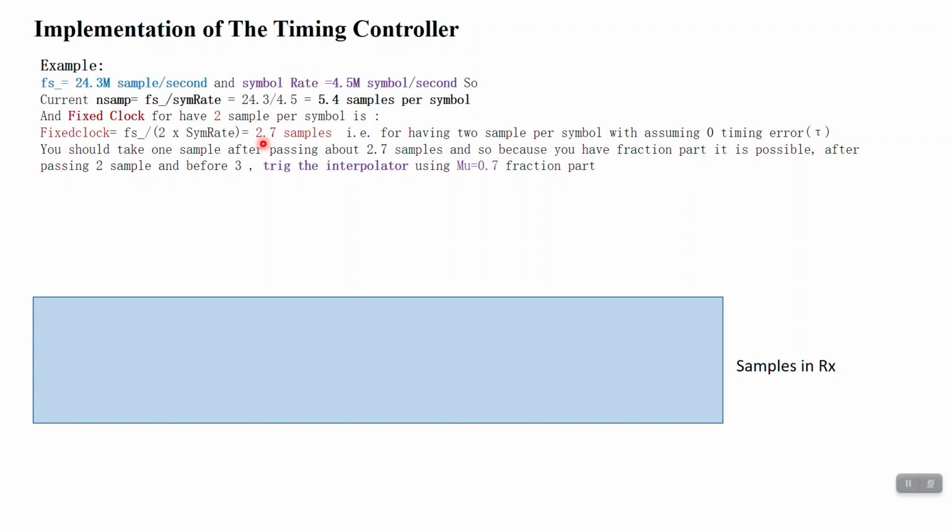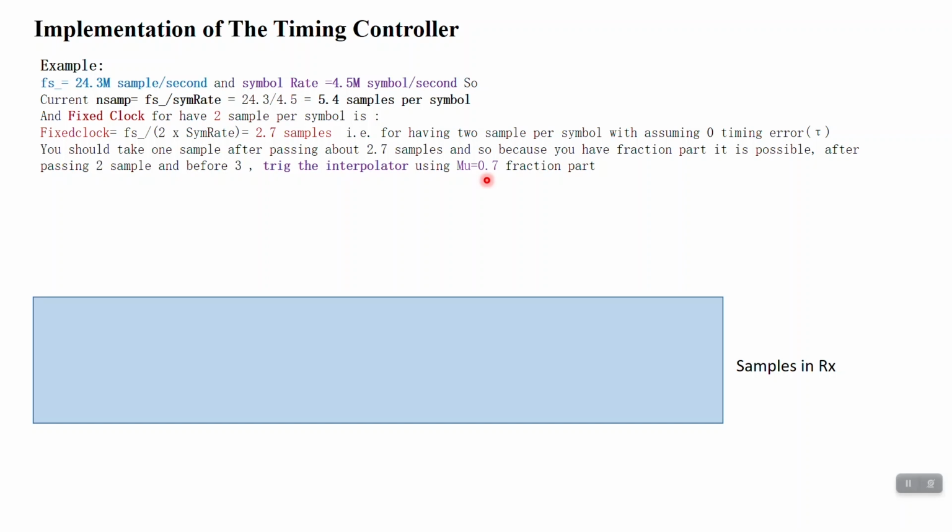It is possible to treat the interpolator with, for example, the mu value, the fractional part. I named the fractional part mu. With the mu value equal to 0.7, you can simply treat the interpolator for interpolation and compensate this error, this fraction part, and interpolate a sample for you.